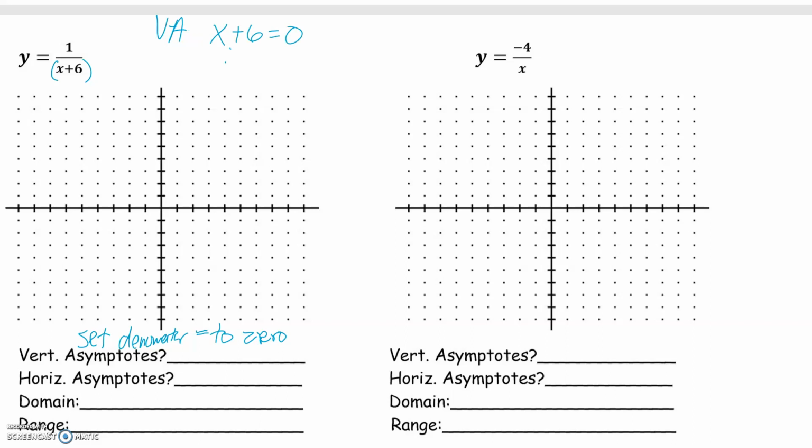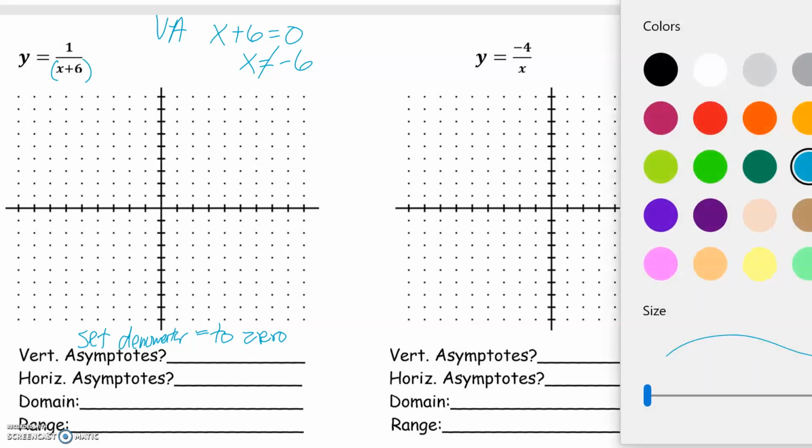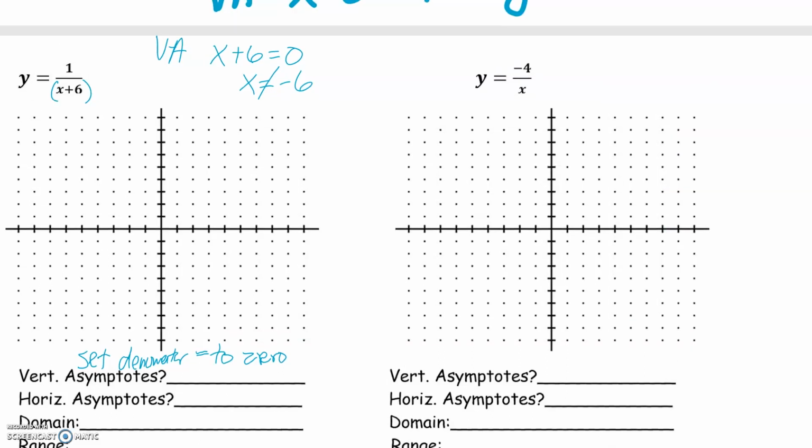I want to erase that other equal sign, it's getting confusing. Okay, so that means x cannot equal negative 6. So at negative 6, I have a vertical asymptote. So it's going to be 1, 2, 3, 4, 5, 6.